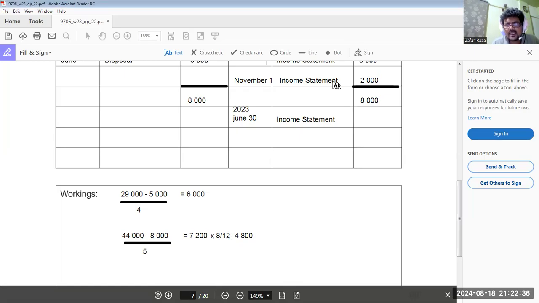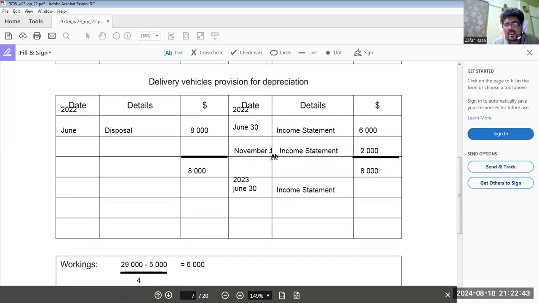Okay. And this 2,000, which was calculated on 1st November 2022 for the 4 months, that would be included in the year. Actually, I have written here just to make you understand. But this amount of 2,000, this would be included in 2023. So 4,800 plus 2,000 means 6,800.